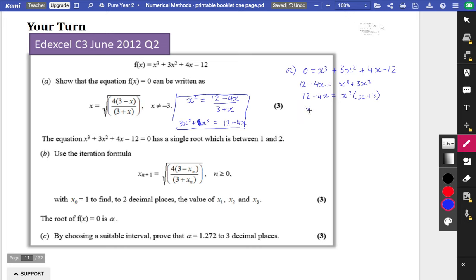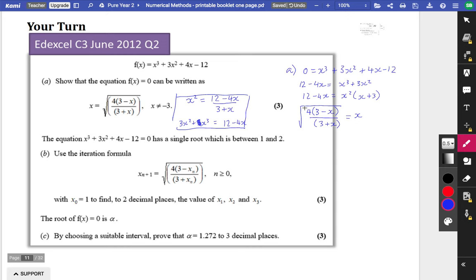So if I factorize this, I get a 3. Oh, not a 3 there, silly me. I'm going to get a 4, that's the common factor, and I have a 3 minus x, and that's being divided by this bit here, which is x plus 3, but look, they wanted it as a 3 plus x, so I'm just going to switch that around like this. That's equal to x squared, but I'm going to just go straight in with the square root sign there and say that's what x is equal to.